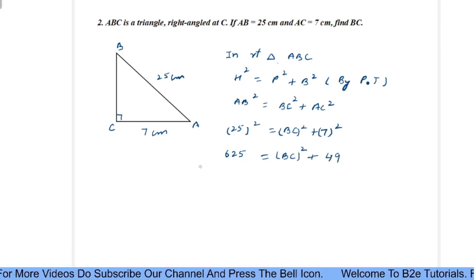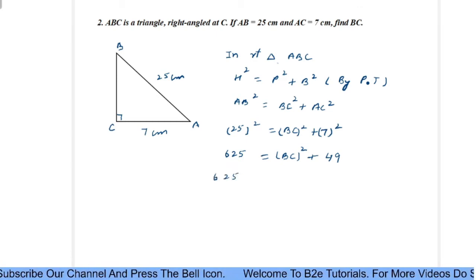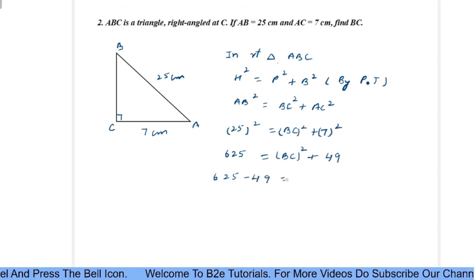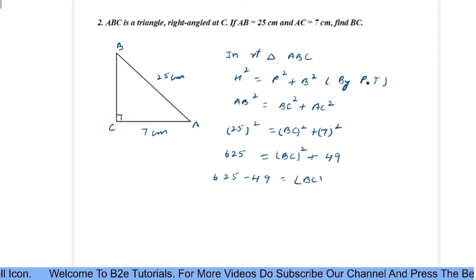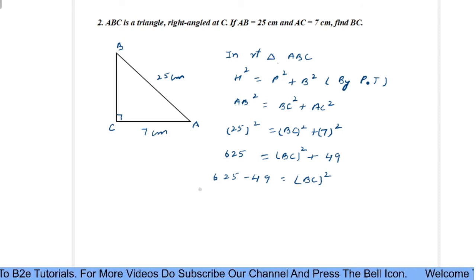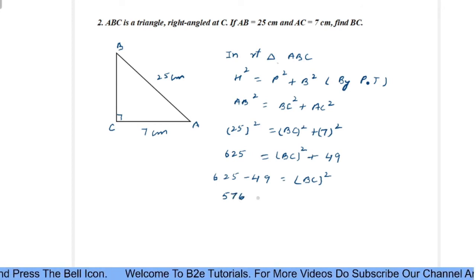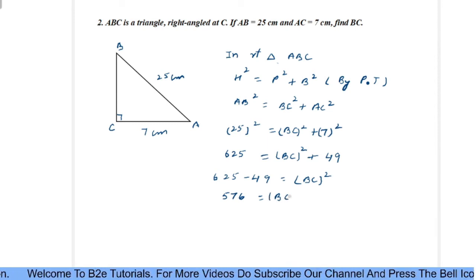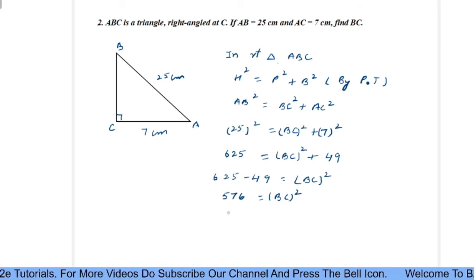Bring 49 on left hand side. It can be written as 625 minus 49 equal to BC square. 625 minus 49, it is 576 equal to BC square. 576 is the square of 24.